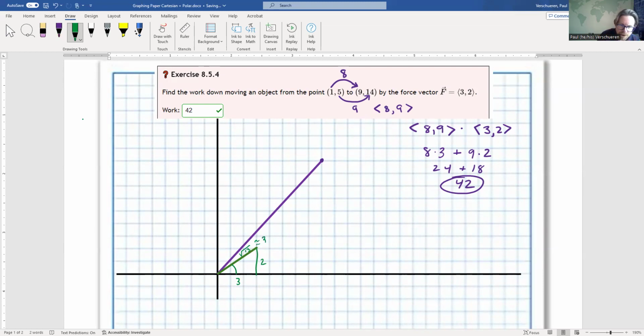I'm just going to call that about 3.6. So really talking about this (3, 2), the magnitude of that vector is about 3.6.